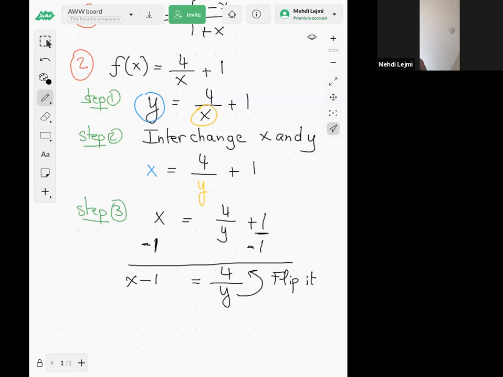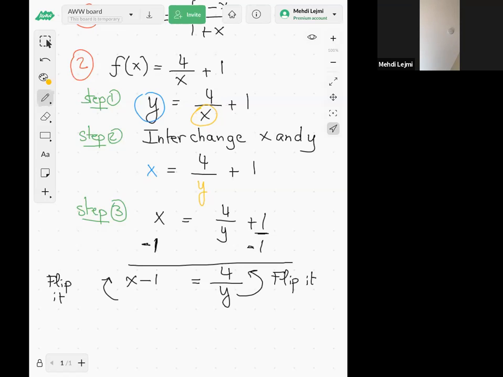But again, when you have an equation, whatever you do to one side, you have to do the same to the other side. So if you decide to flip the right side, then you have to flip the left side. The left side doesn't look like a fraction, but you can make it one.